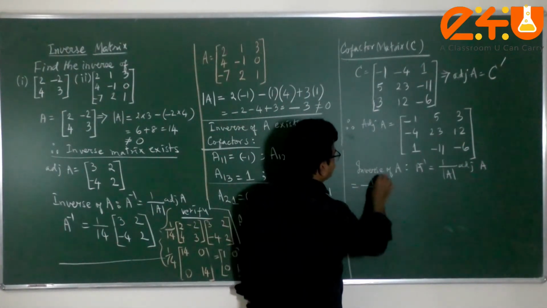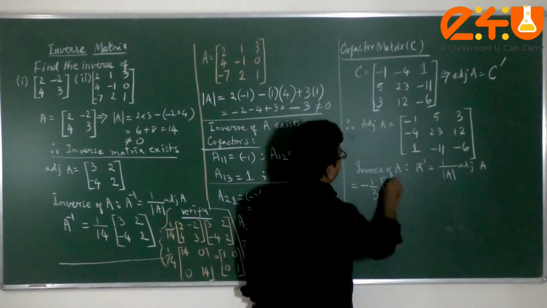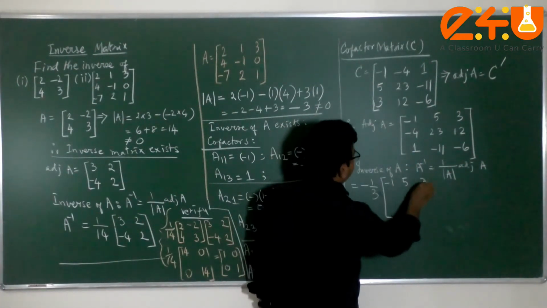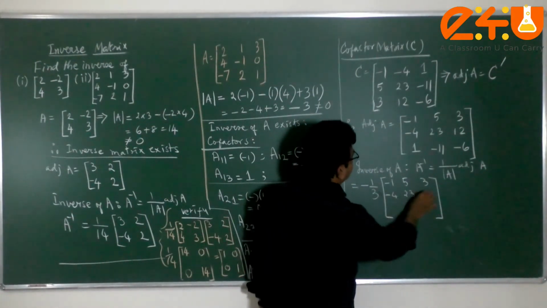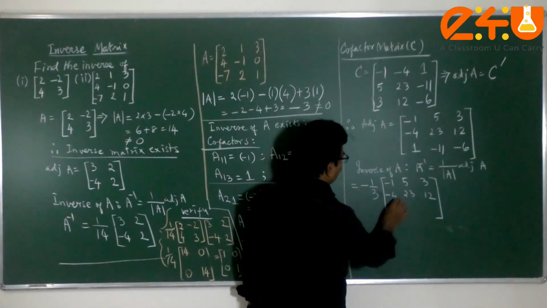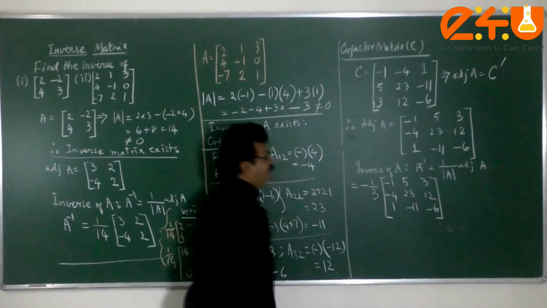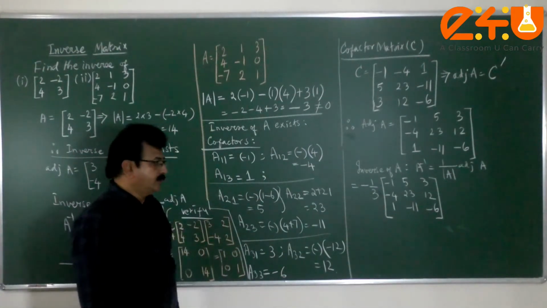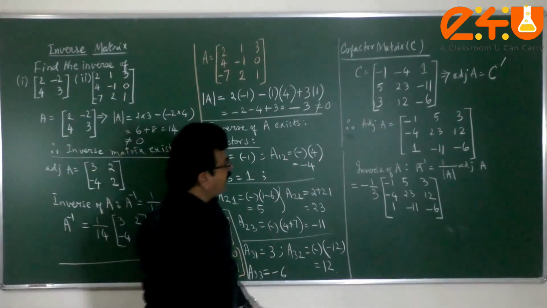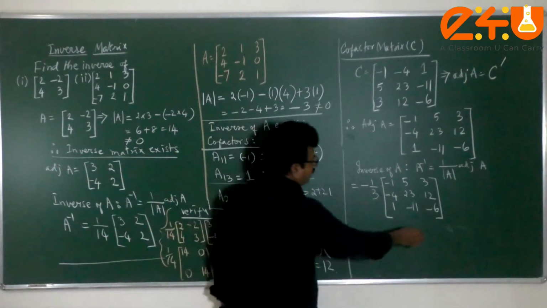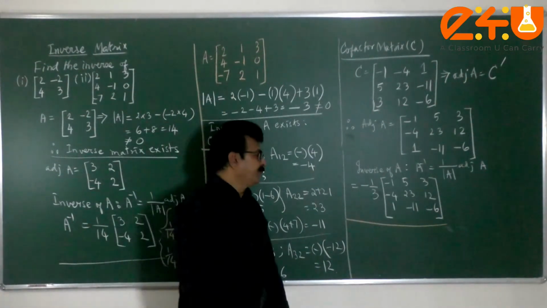So it is minus 1 by 3 of, again rewrite the adjoint, minus 1, 5, 3 in row 1, negative 4, 23, 12 in row 2, 1, minus 11, minus 6 in row 3. Well, that completes the inverse procedure, and that can be given as the answer.